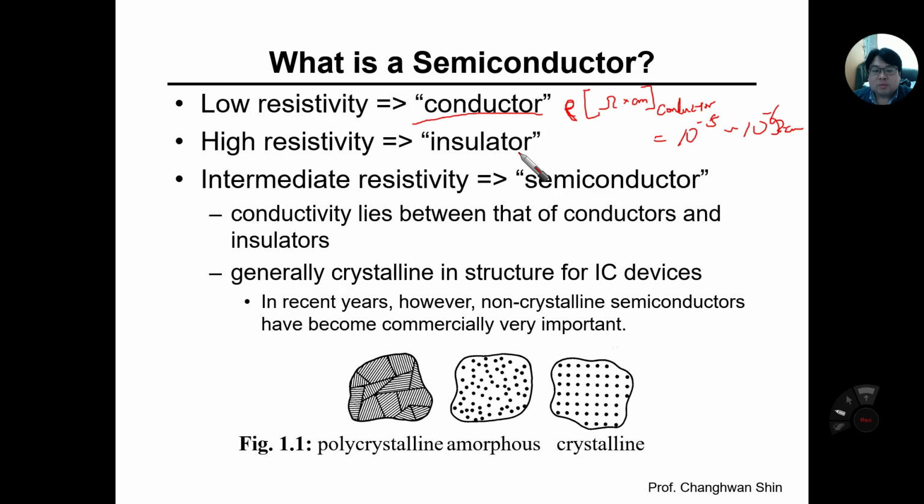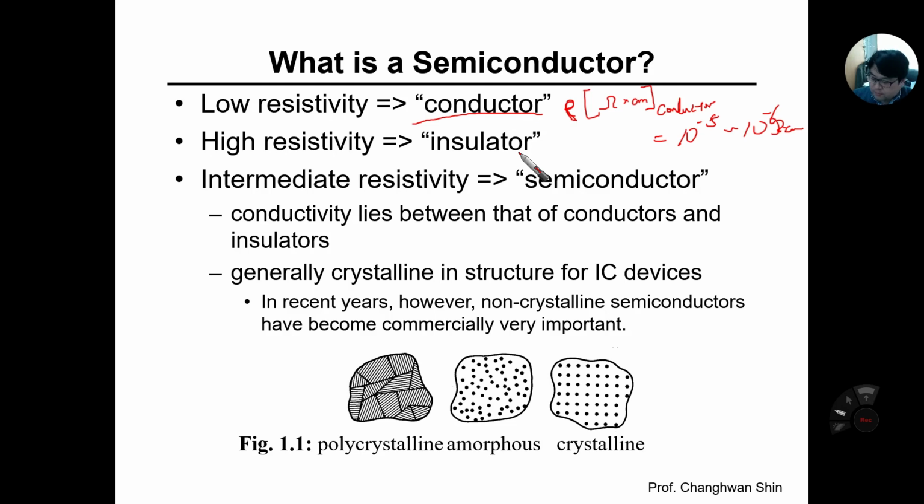So intuitively, you may say that an insulating material has a huge barrier for free electrons to move around. On top of that, the insulating material doesn't have too many free electrons, so we can conclude that insulating material has high resistance or high resistivity in the unit of ohm times centimeter.